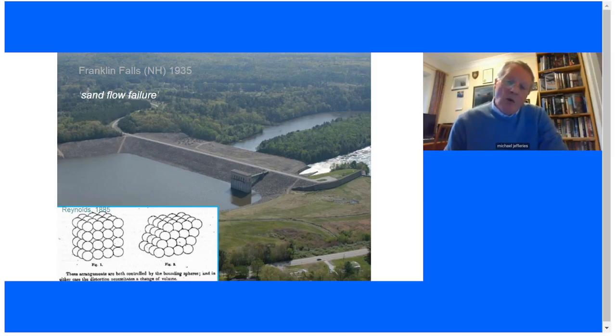Now, obviously, if you've got water in the void space and it's expanding, you're going to generate negative pore pressures, depending how fast water can get in. Conversely, on the left one, the spheres will collapse down and displace water, and you'll get positive pore pressure. That's basically how flow slides develop.